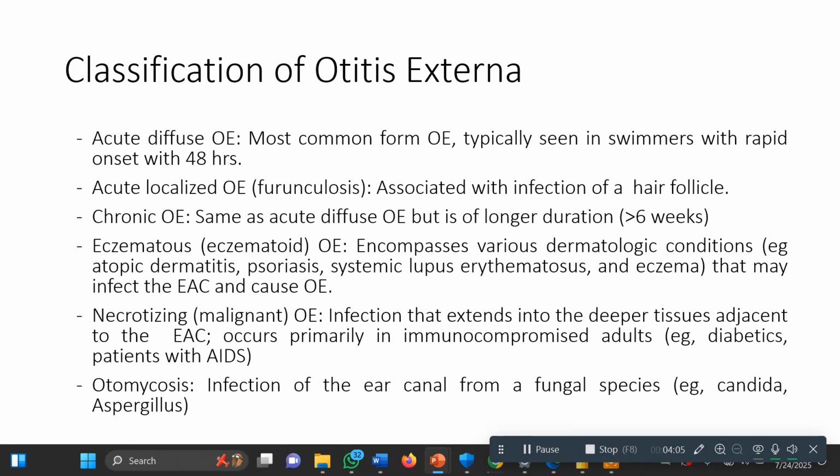It occurs primarily in immunocompromised adults, such as diabetic patients and patients living with HIV/AIDS. Otomycosis is an infection of the ear canal from a fungal species, commonly Candida or Aspergillus.